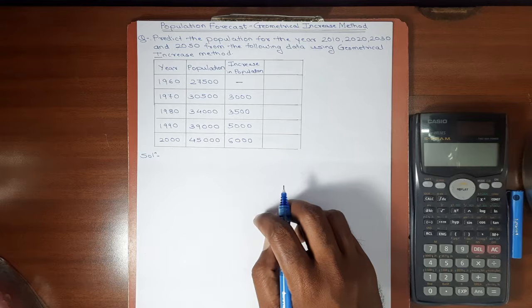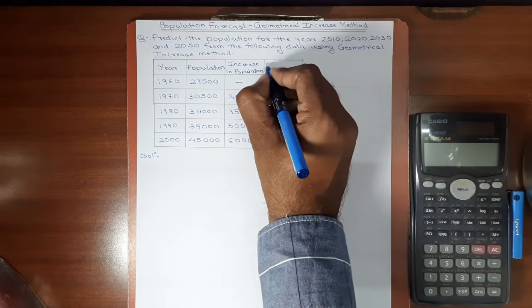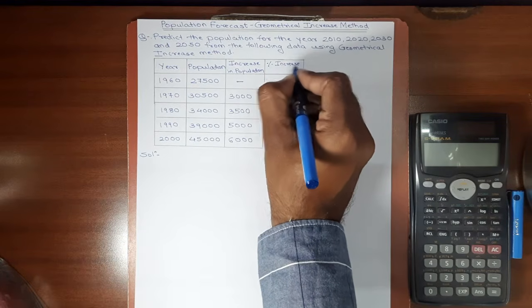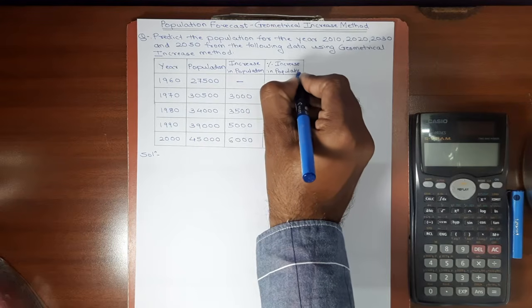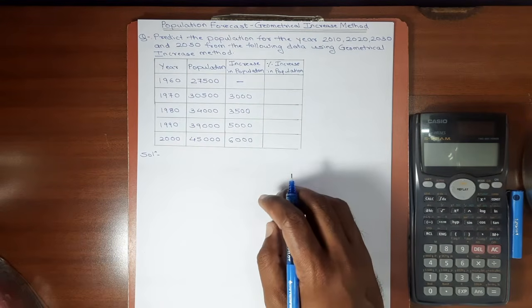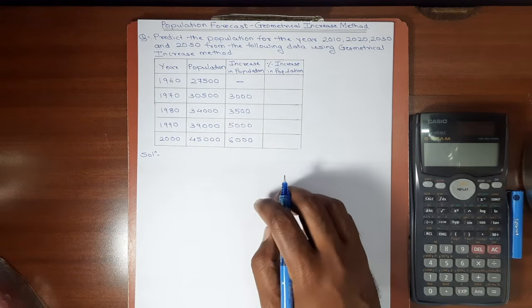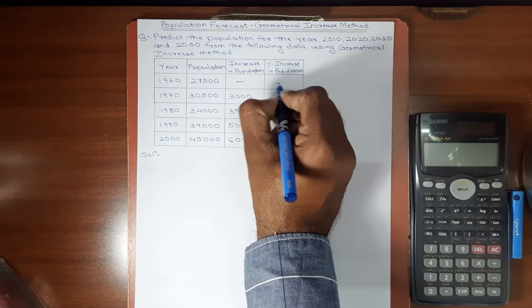Now next we need to find the percentage increase in population. In next column we will be finding percentage increase in population. To find the percentage increase in population, again here the first cell will be empty.